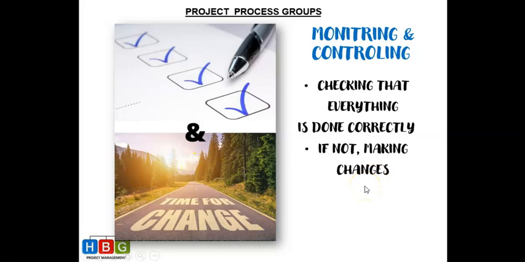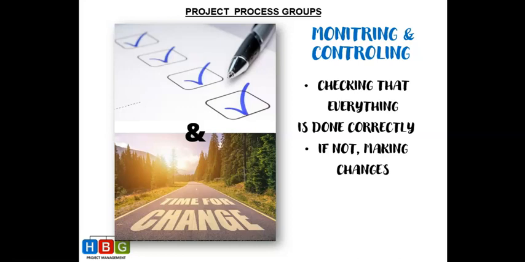So the first part is we monitor and we check that everything is done correctly. If everything is done correctly, we sign off and we move on. But if we find that there are problems or mistakes, or something that was not done correctly or was not done at all, we then need to make changes on the project.